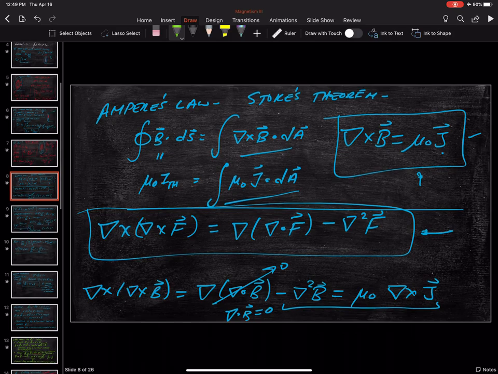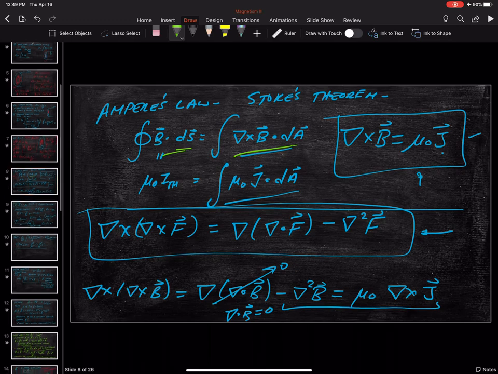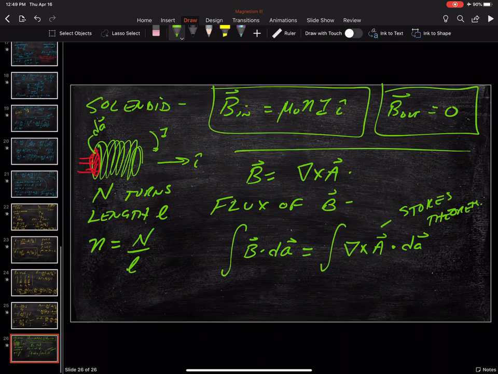Right here. I can write this thing as a line integral. So this is the same as integral A dot ds, where ds is the line loop around that area. So in other words, the integral of the flux of B, dA, is the same as the line integral of A around that area.